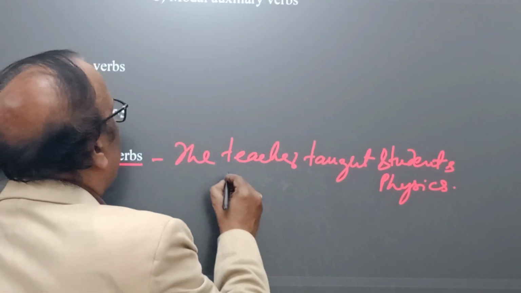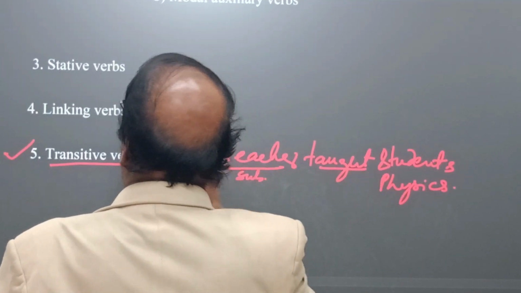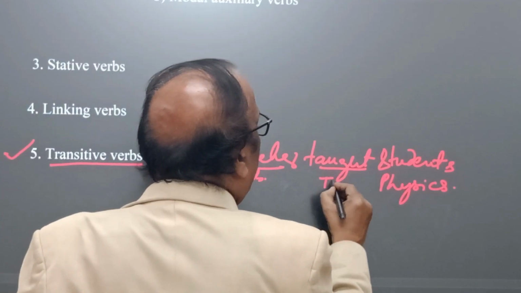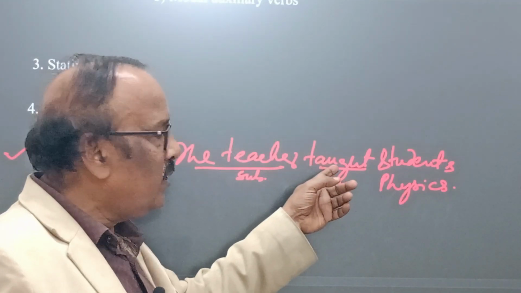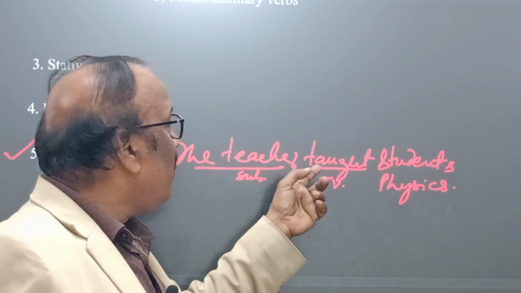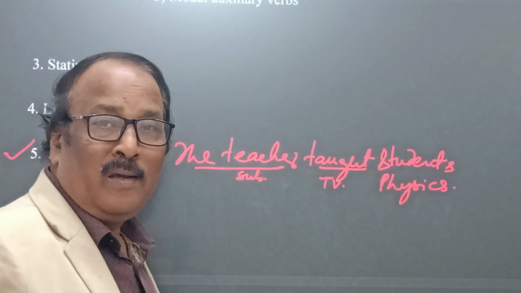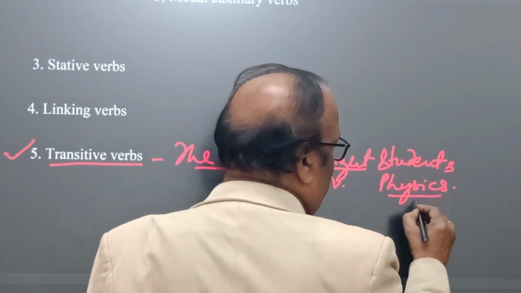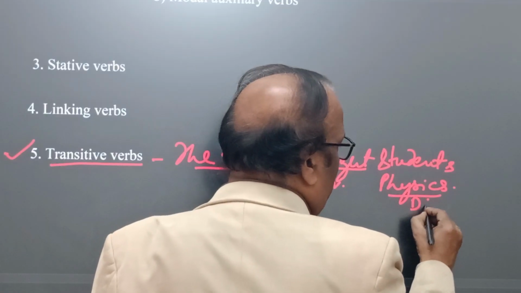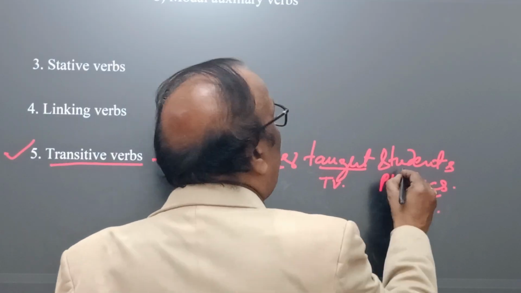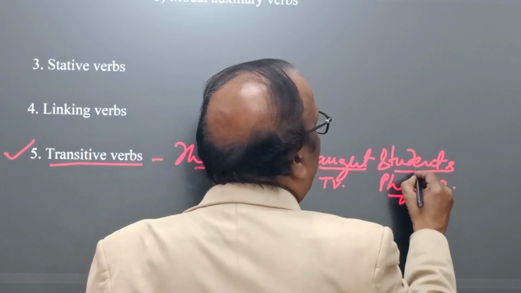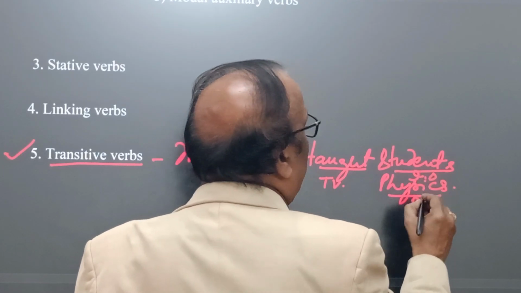The teacher is the subject, taught is the transitive verb. How? Because it takes an object. The teacher taught what? Then we get a direct object. Here, physics is the direct object. Whom? Students. Here, indirect object.